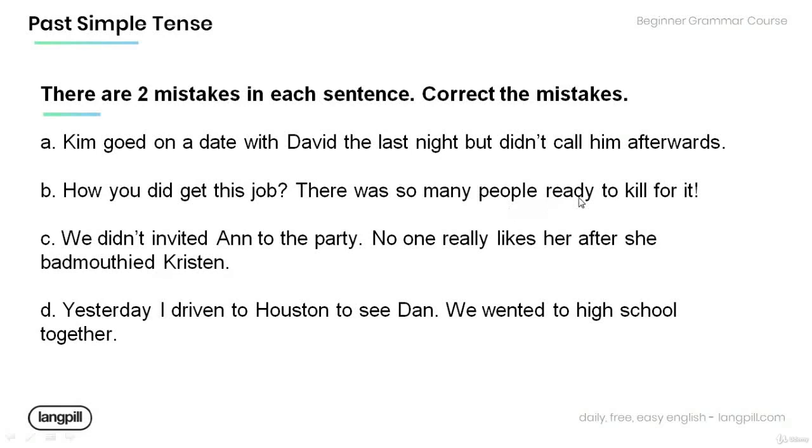There were so many people ready to kill for it. C. We didn't invited Anne to the party. No one really likes her after she bad-mouthed Kristen. D. Yesterday, I driven to Houston to see Dan. We went to high school together.